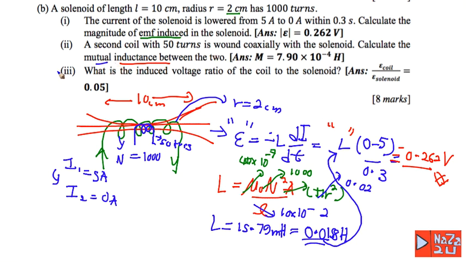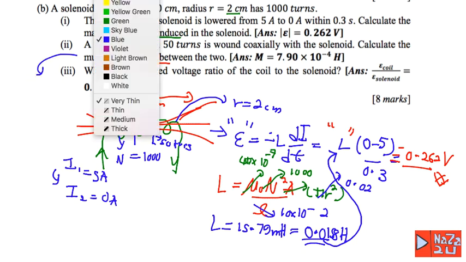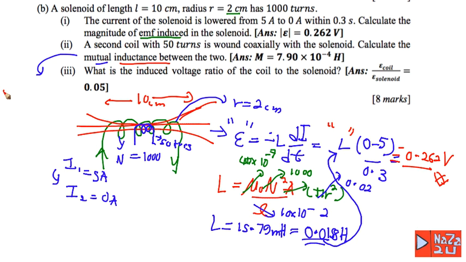The mutual inductance equation, the symbol for mutual inductance is M, is equal to mu naught N1 N2 A divided by L, where A is the cross-sectional area and L is the length.